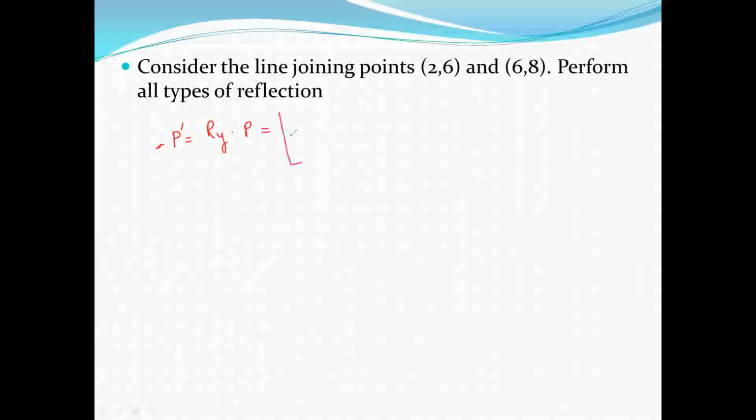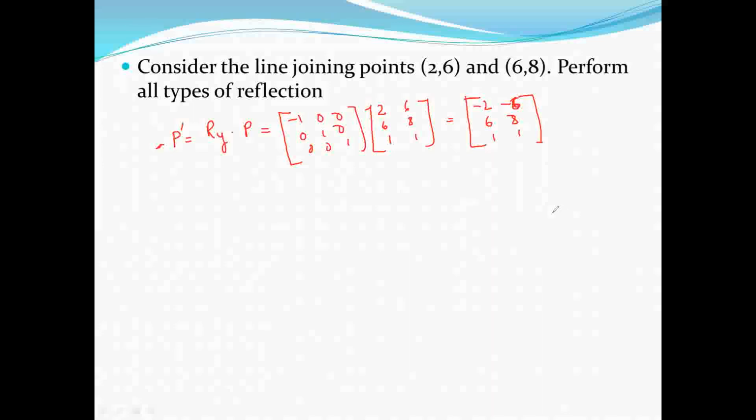And you know the reflection matrix with respect to y-axis is -1, 0, 0, 0, 1, 0, 0, 0, 1. And the point set is 2, 6, 1, 6, 8, 1. So if you multiply them, it will be -2, -6, 6, 8, 1, 1.